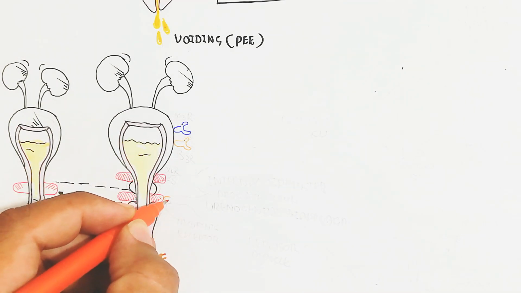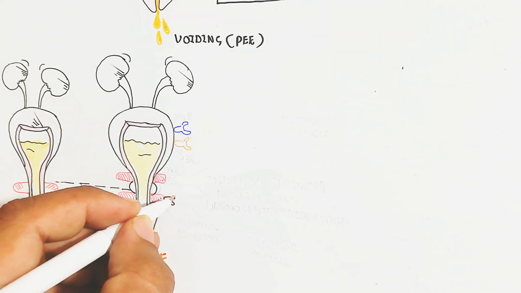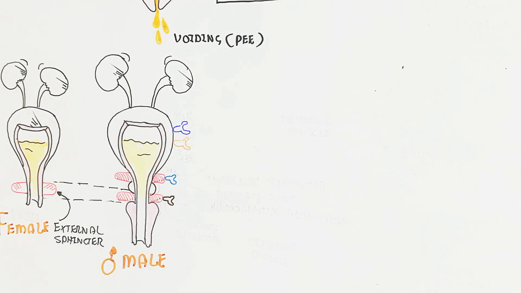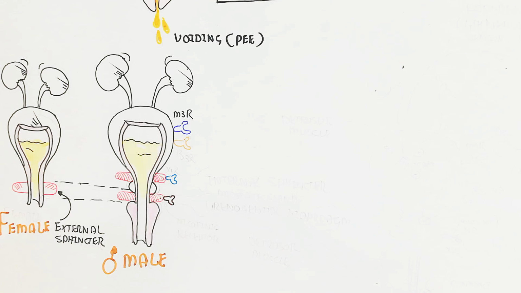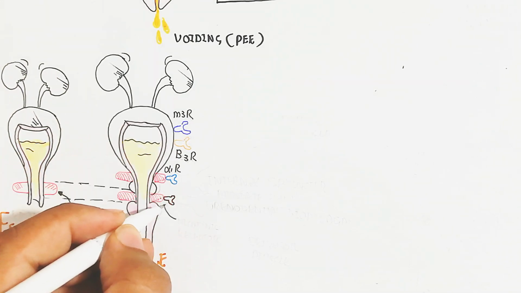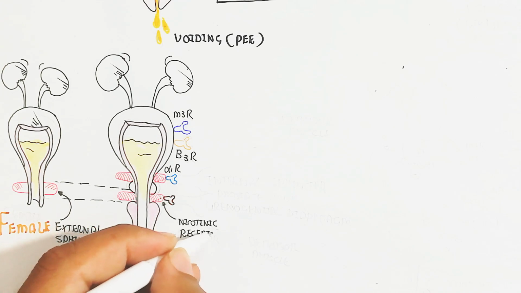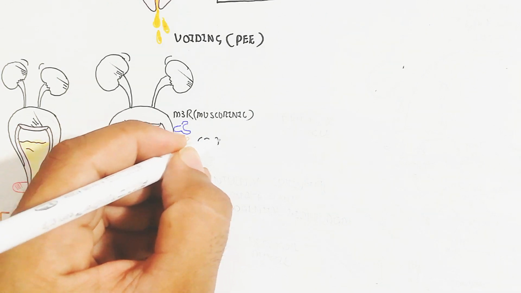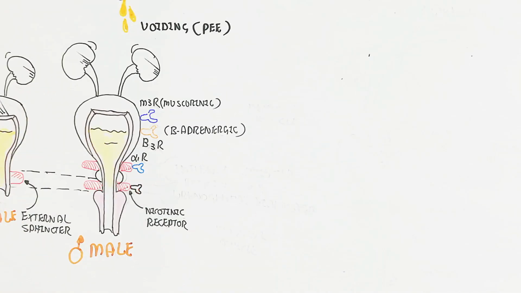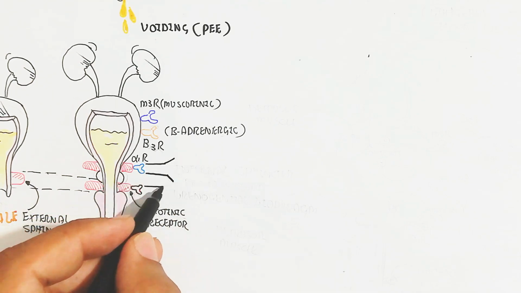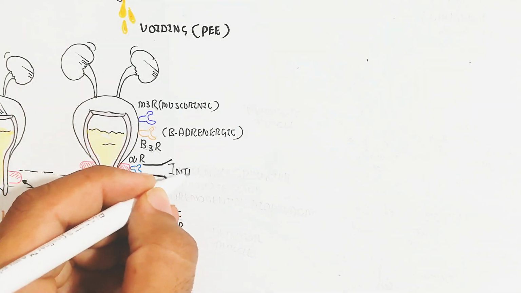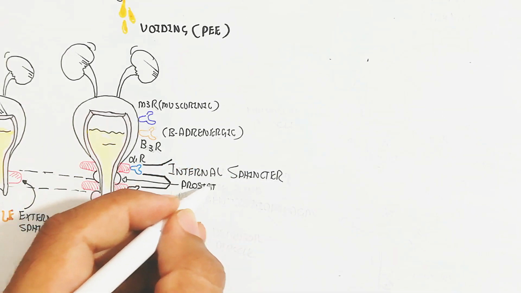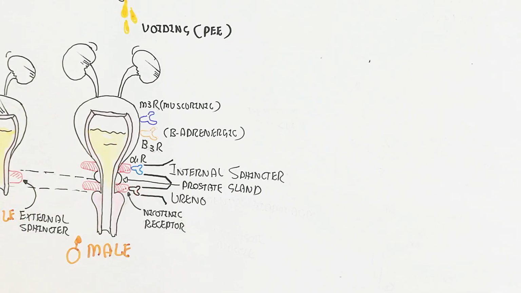This male excretory system contains receptors on different sides of the urinary system. In the bladder, M3 muscarinic receptors are present, and B3, the beta adrenergic receptors, are present, and the internal sphincter muscle contains alpha 1 receptors, and the external sphincter muscle contains nicotinic receptors. These receptors are important for stimulation through the nervous system, and in this way regulate urine holding or excretion.